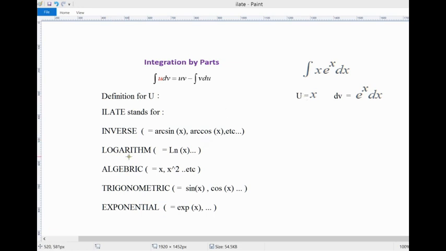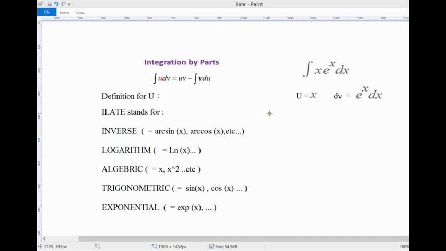Versus if there's a logarithm, then we use the logarithm. Algebraic, like x squared, like a polynomial, will be next. If you check here, that's what we have, an x. After that algebraic will go trigonometric, like sine, cosine, and finally exponential, like e^x, and so forth.